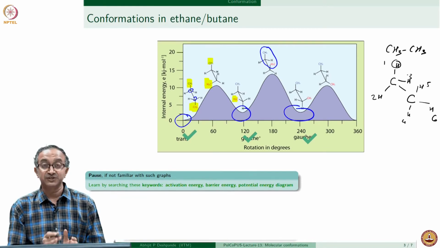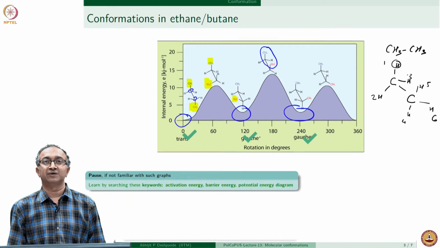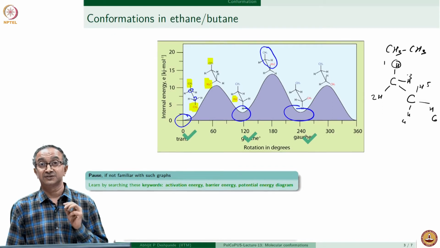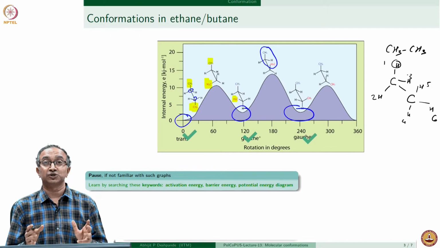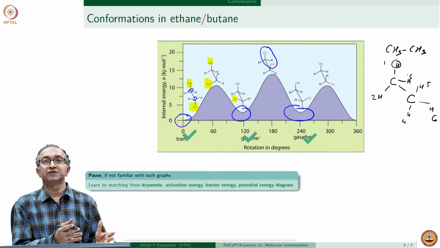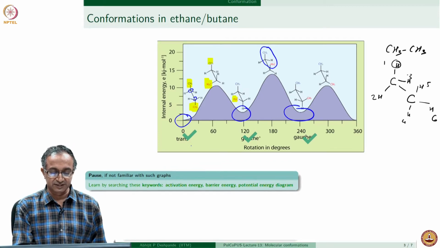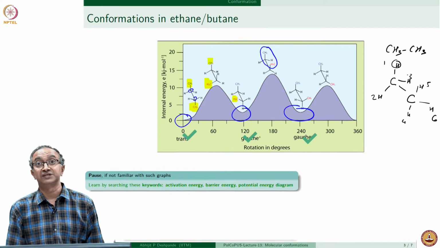So, based on such an energy diagram, we can say which are the three states which are going to be most probable. And what that leads us to is, if I take a snapshot of a butane sample, I will find some of the molecules in each of these three conformational states.